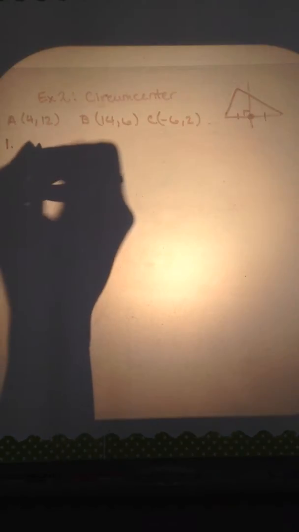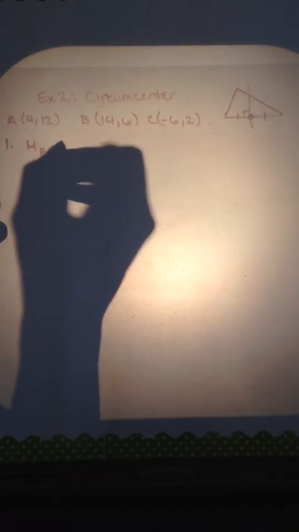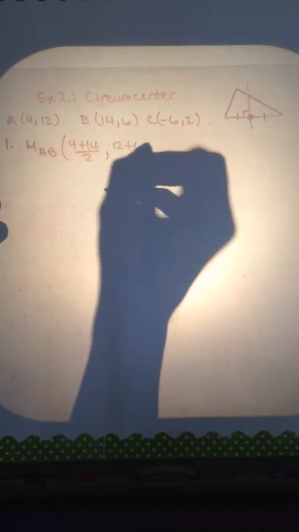So for number 1, we're going to go ahead and find the midpoint of AB and AC. The midpoint of AB will have 4 plus 14 over 2 and 12 plus 6 over 2.